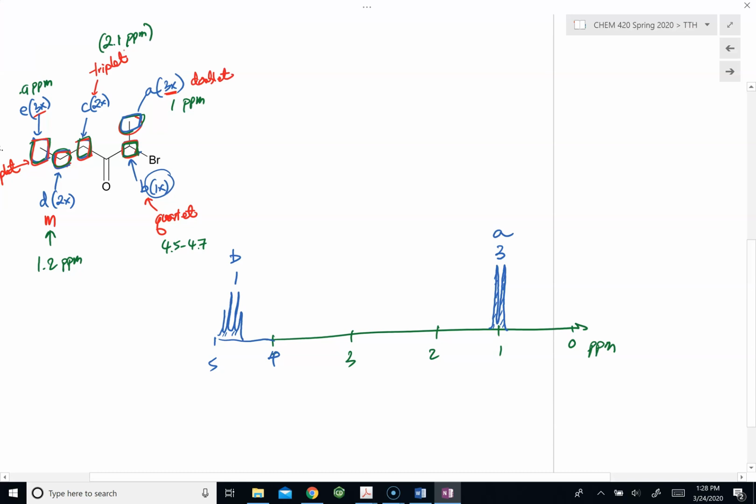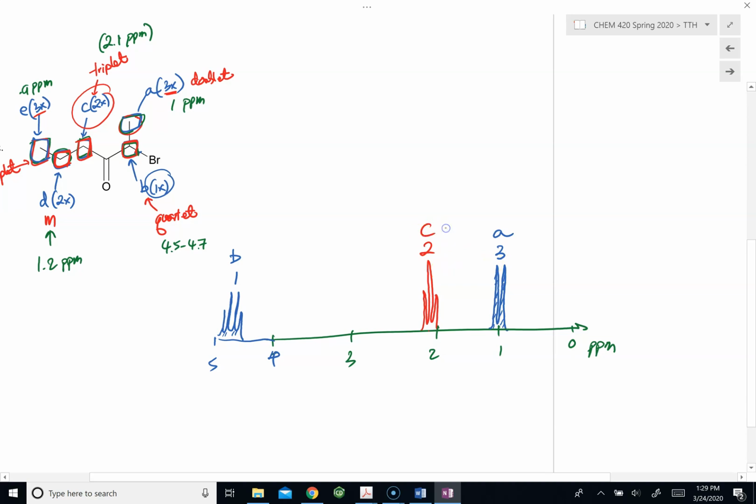And our signal C is a triplet at 2.1 ppm. So we will go to 2.1 ppm, and in this case, draw in a triplet. So that's how a triplet would look like, 3 lines. And notice that the line in the middle is more intense compared to the signals on the left and on the right. So in this case, the overall intensity of this signal with respect to the other signals will be 2 times.